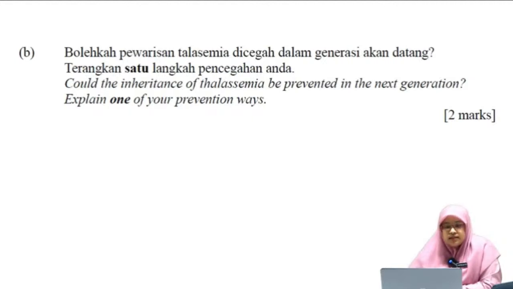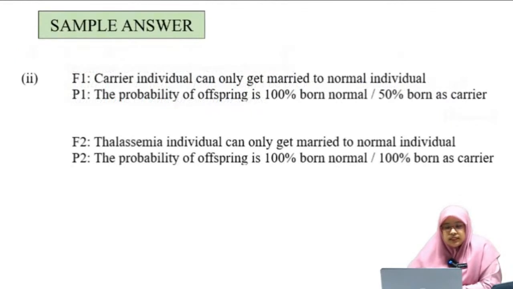Now the simple answer: for a carrier individual, or for minor thalassemia, he or she only must marry a normal individual. When we do the schematic diagram, the probability is that offspring will be 100% born normal or 50% born as a carrier. So no inherited thalassemia occurs there.